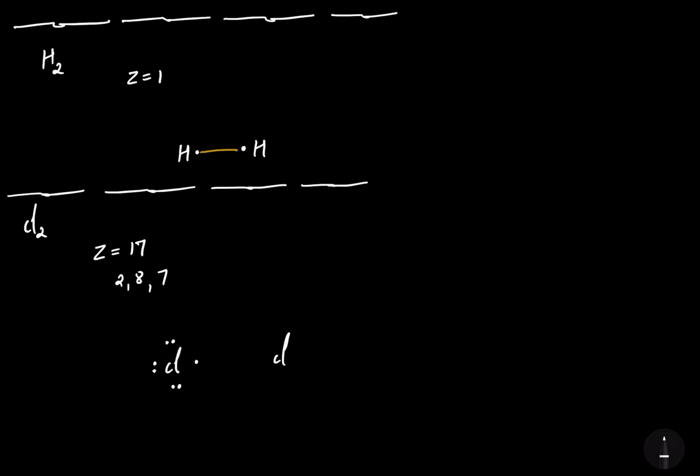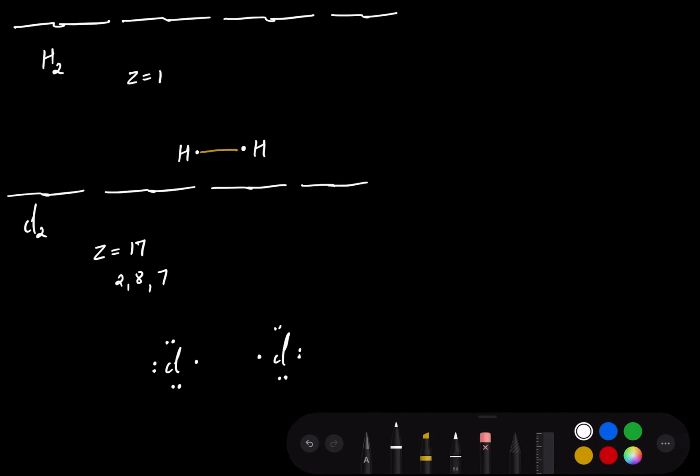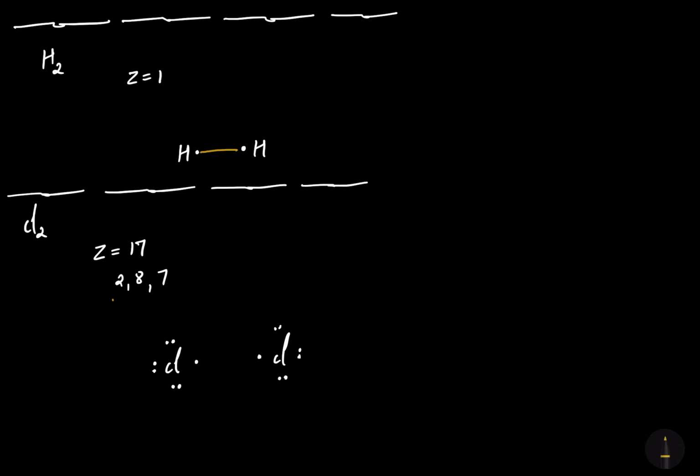Another chlorine will also have 1, 2, 3, 4, 5, 6 and 7. Now, how many electrons are required by chlorine to achieve the stable noble gas configuration of argon? It's only 1. So it will become 2, 8, 8, and that's the configuration of argon.